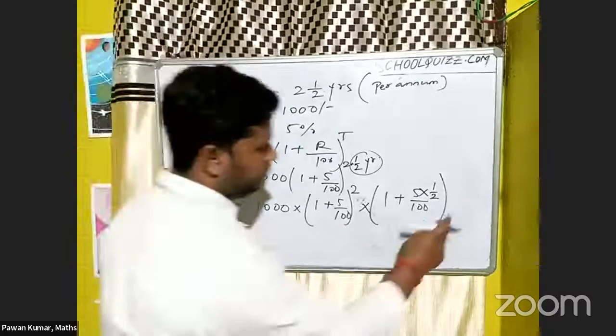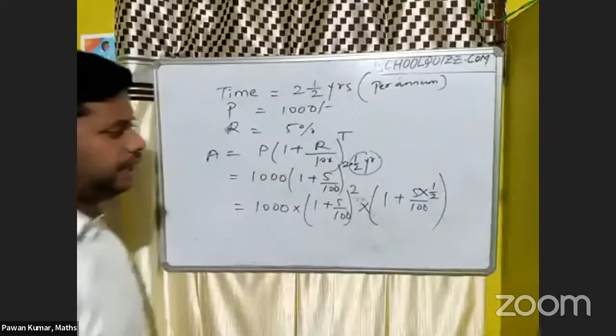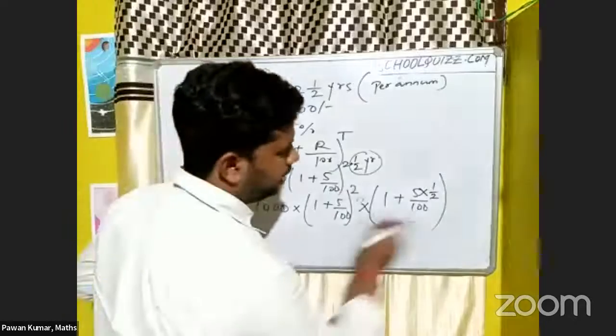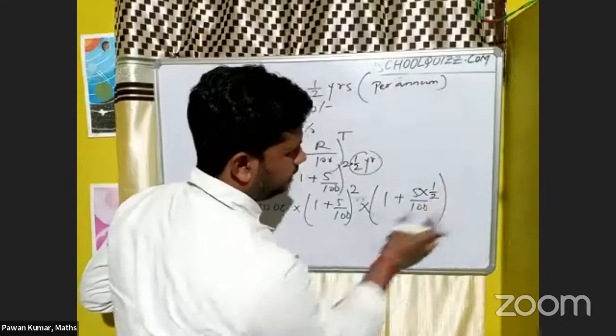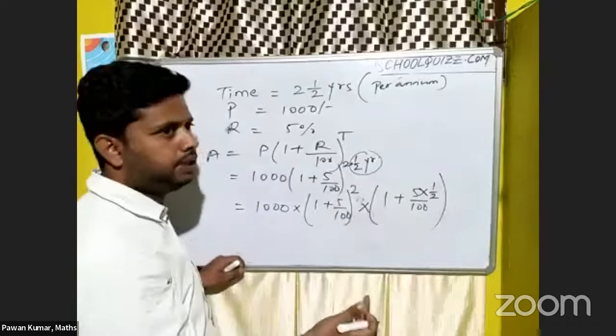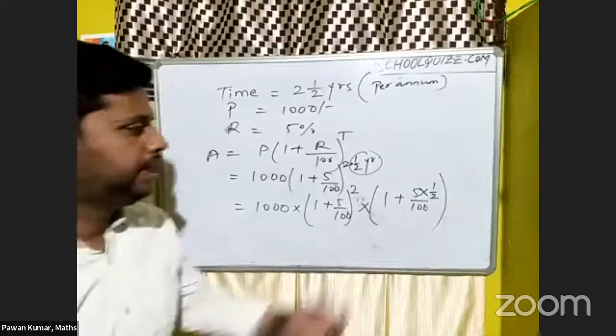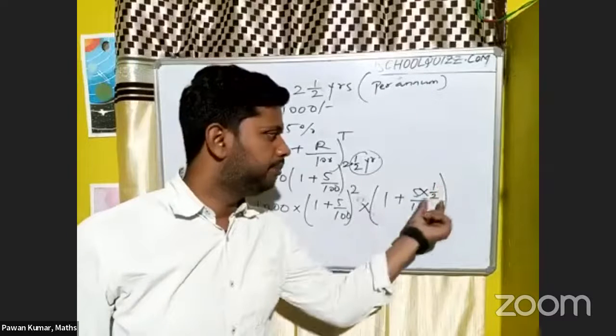I'll take one class for this and explain it to you. If it is in fraction or any big power, you can write it as a binomial expansion, and this number will multiply directly with the rate here. Clear? Okay.